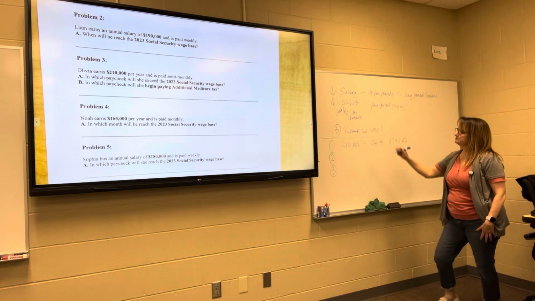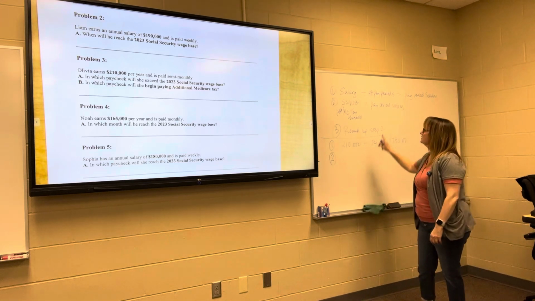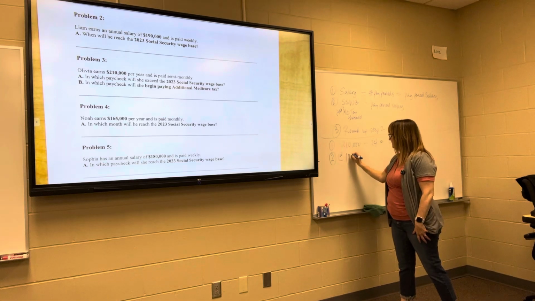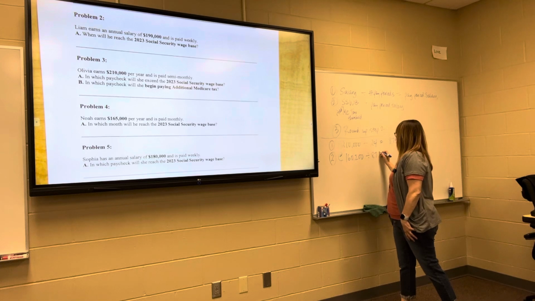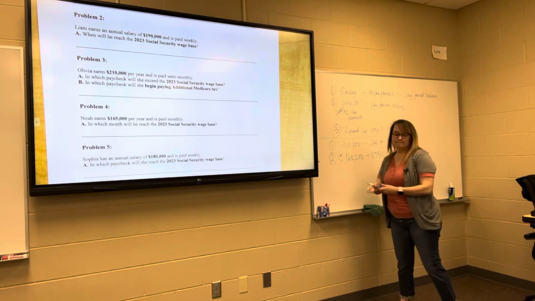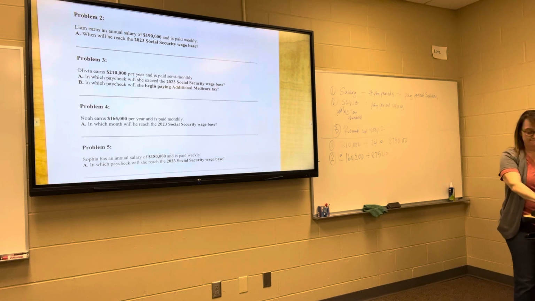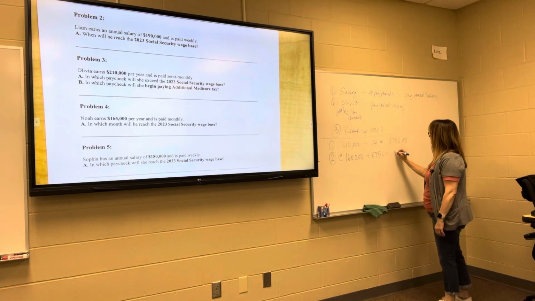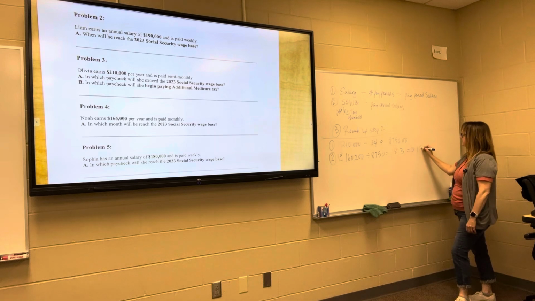All right. Step 2 is going to have 2 parts to it, though. First part is with the Social Security wage base. So part A, 160,200 divided by 8,750. 18.3, which rounds to 19.